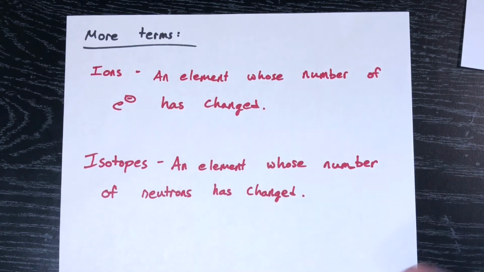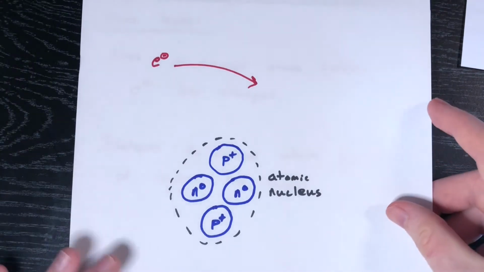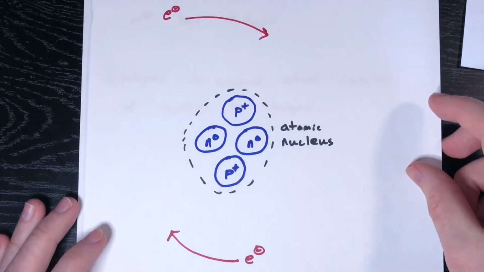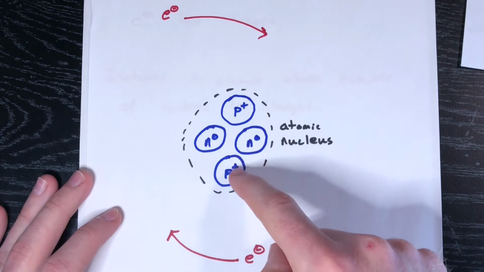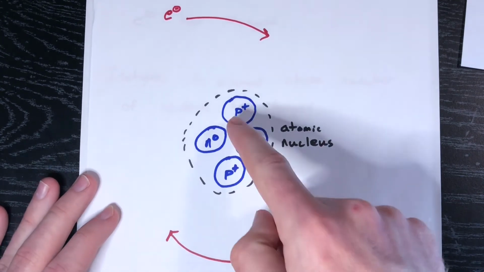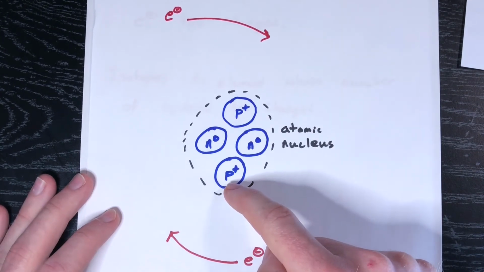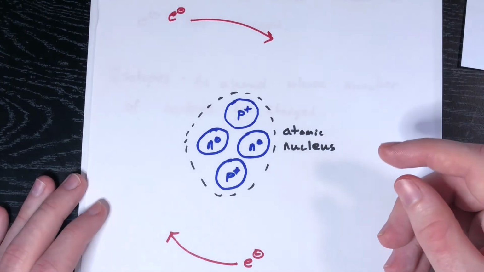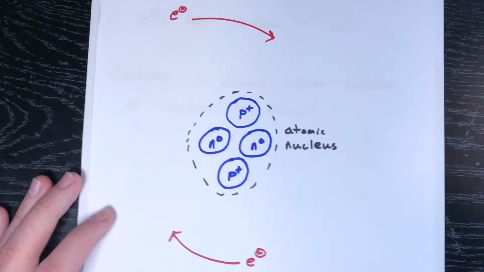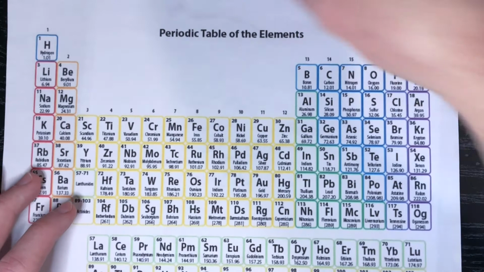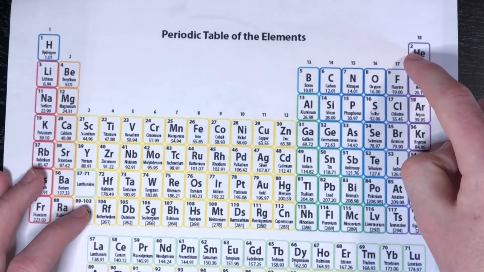So now using this, we can go back to our picture here of just a generic atom, and we know that we have 2 protons. So that means it has an atomic number of 2. So without any more information, we can tell that this is a helium atom, because we can go to our periodic table. We see that helium has an atomic number of 2.